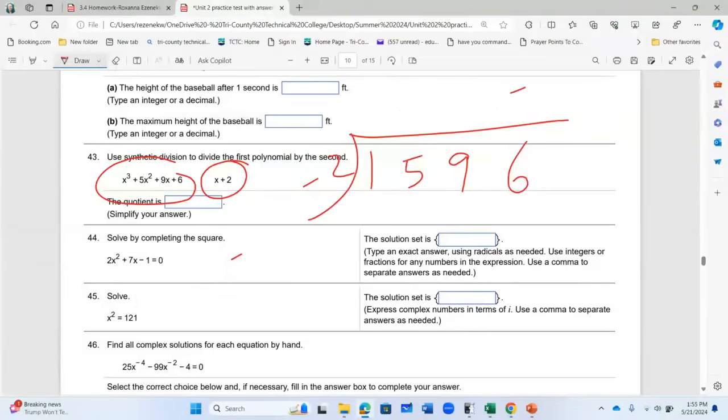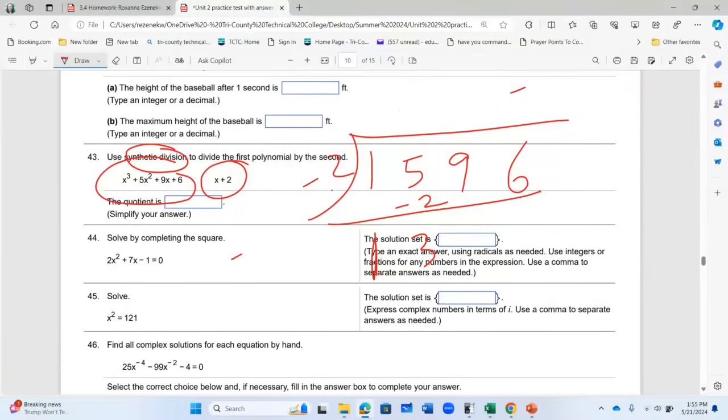By the way, this is synthetic division. The first thing I want to do is bring down 1, multiply negative 2 by 1, and I have negative 2. Plug that negative 2 here. Add 5 plus negative 2, I have 3.